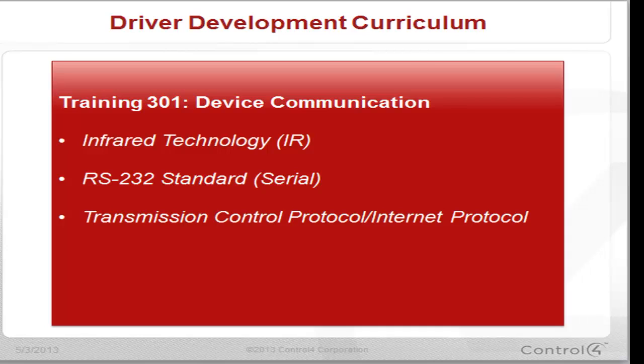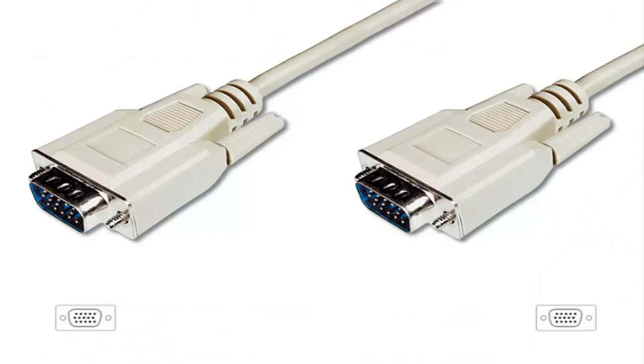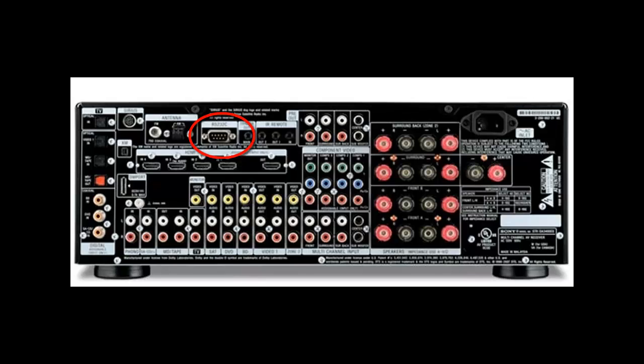Let's take a look at another means of device communication supported by Control4, serial, also known as RS-232. Serial control offers driver developers a feature that IR does not. It supports two-way communication. When we refer to two-way communication, we are talking about the ability to send commands to a device and receive status and feedback from that device.